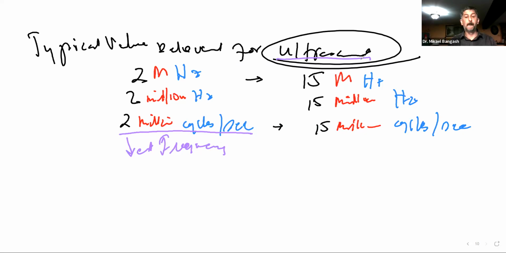Is that clear? And this one here is the highest frequency of ultrasound that can be used for an ultrasound transducer.